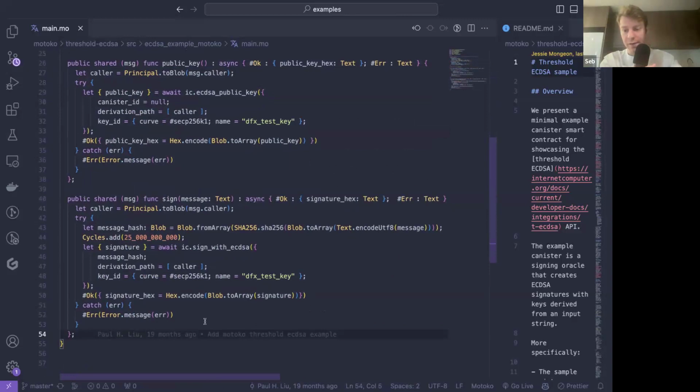A use case for that would be being able to send transactions on Ethereum, for example. This is a good example. You would be able from a canister to send transactions and sign those transactions.